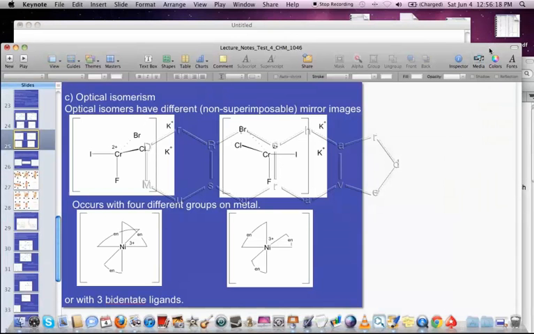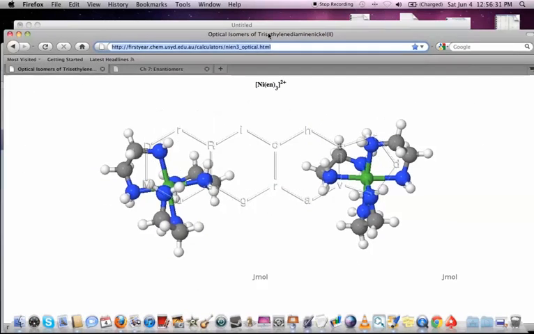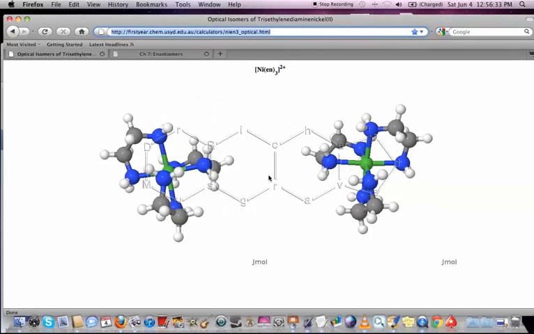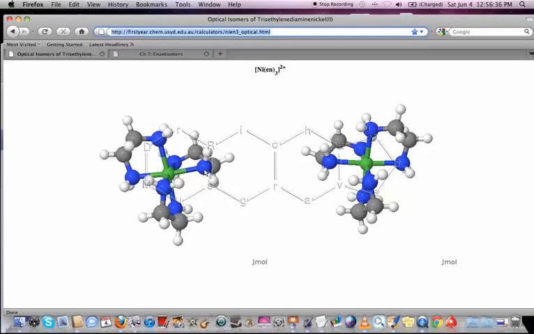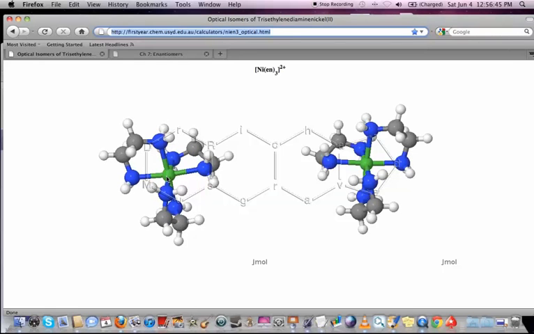Now I'm going to show you what isomers look like when we've got 3 ENs attached to a nickel. It's still in an octahedral type arrangement, and there they are. And what I've done is I've drawn them as mirror images. Now what I want you to see is we've got one here between, and this is going to be in the plane of the screen, and then we've got another one here pointing backwards, and that bond is in the plane of the screen, that one's pointing back, and then we've got another ethylene diamine at the front.